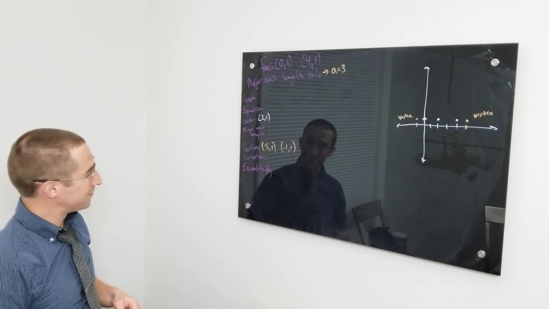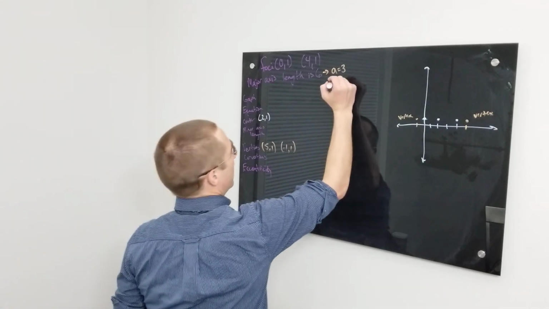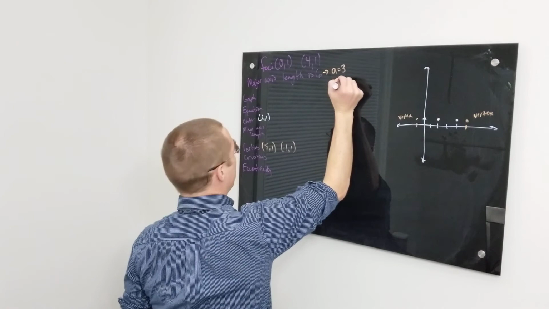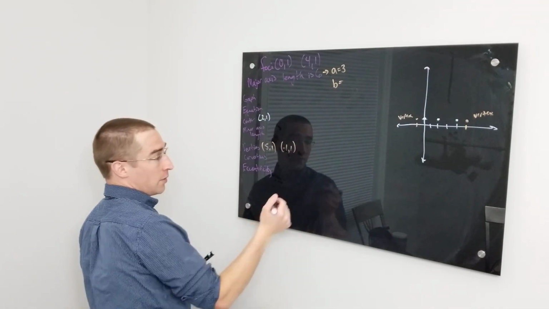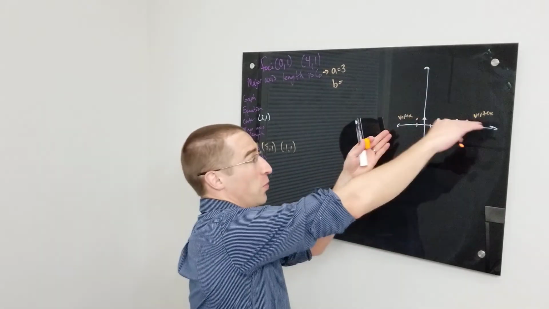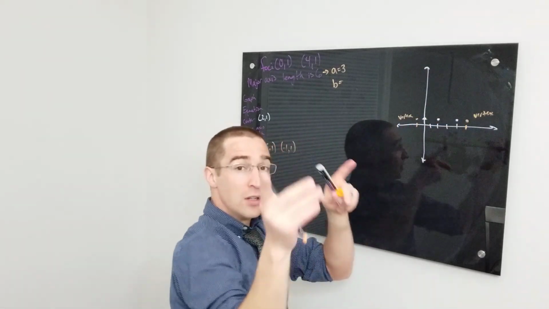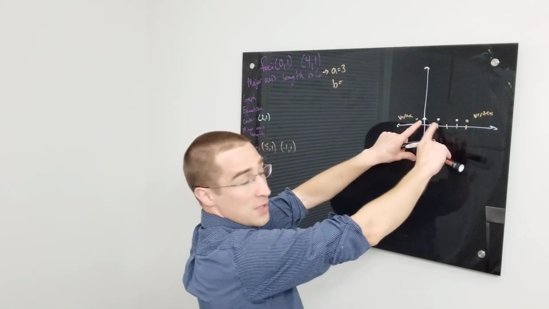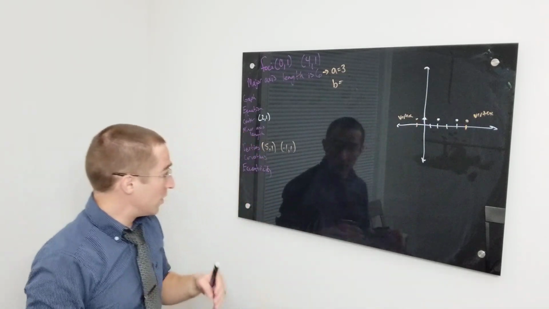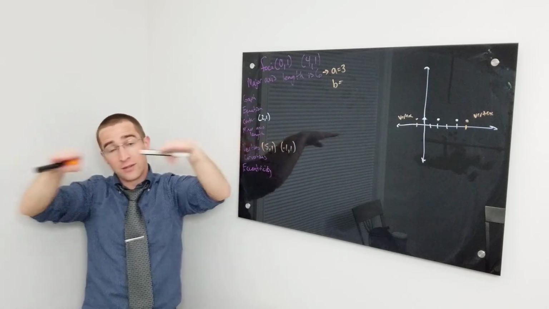We also need to know our b value for our equation. But one more thing: this is a horizontal major axis. We know it's a horizontal major axis because the foci always lie on the major axis. If your foci are lined up this way, it's horizontal.